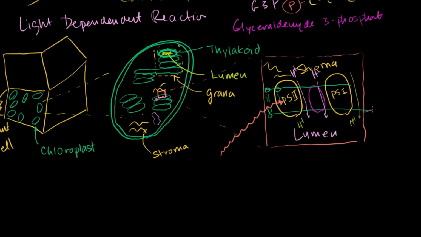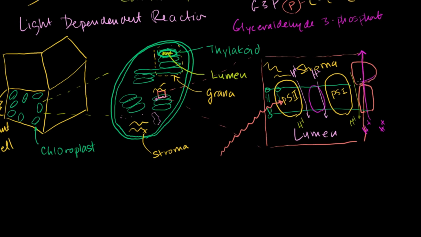So it's exactly the same. Let me see if I can draw that ATP synthase here. You might remember ATP synthase looks something like this. Here you have a huge concentration of hydrogen protons, so they'll want to go back into the stroma from the lumen, and they do. They go through the ATP synthase. Let me do it in a new color. These hydrogen protons make their way back down the gradient, and as they go down the gradient, it's like an engine, and I go into detail on this when I talk about respiration.